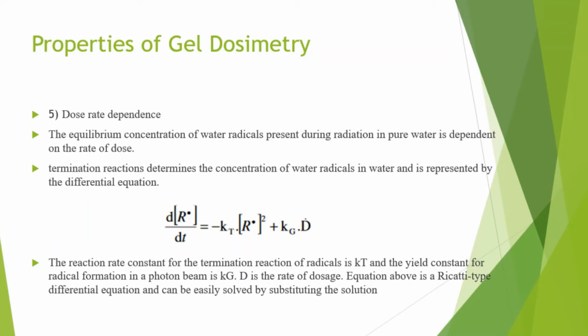So the equilibrium concentration of the water radicals present during the radiation in pure water is highly dependent on the rate of dose. The termination reaction determines the concentration of water radicals in water and is represented by a differential equation, like this one.